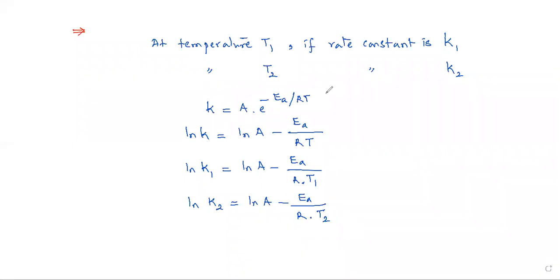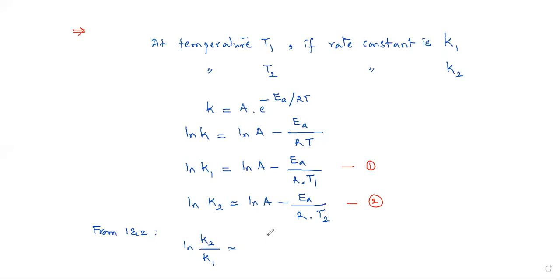Now, suppose this is given as equation 1 and this as equation 2. From one minus two, we can write the final expression.